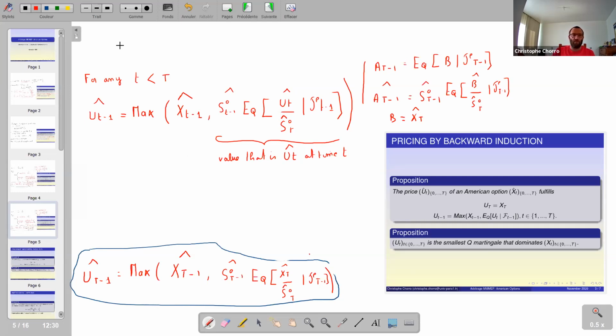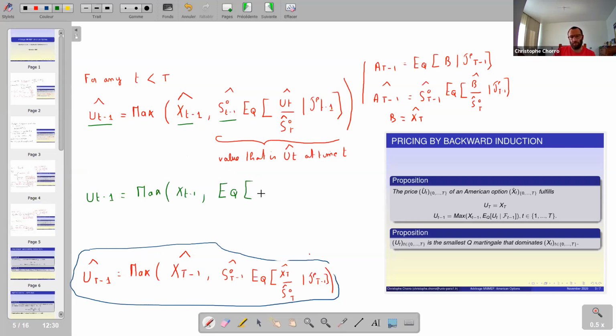I can express this quantity in an actualized way. So here I have quantities at time t-1, t-1, and t-1, okay, here. So if I actualize these quantities dividing by the value of the non-risky asset at time t-1, I obtain U_{t-1} that is equal to the maximum between X_{t-1}, so this one disappears, the expectation under Q of what?